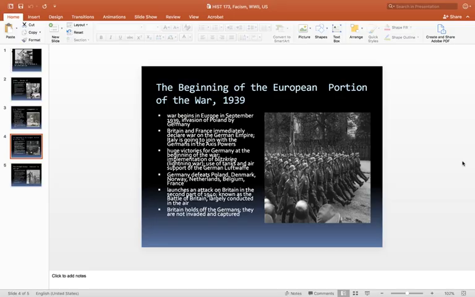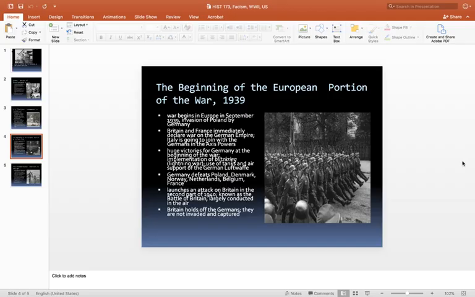So there was this use of troops on the ground, quick movement by tanks, and then there was the use of the German Air Force, the German Luftwaffe. And that all comes together in this form of blitzkrieg. And it's very, very effective.